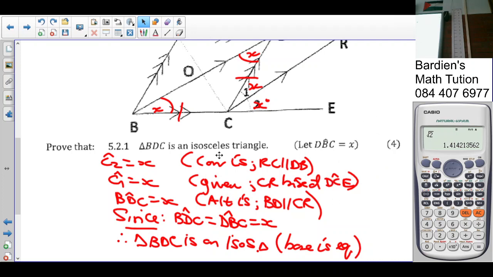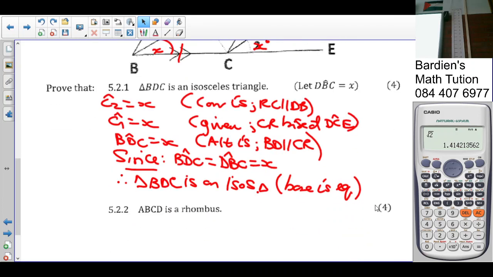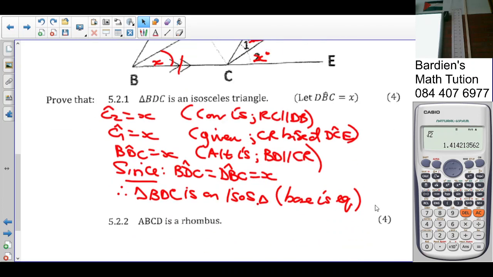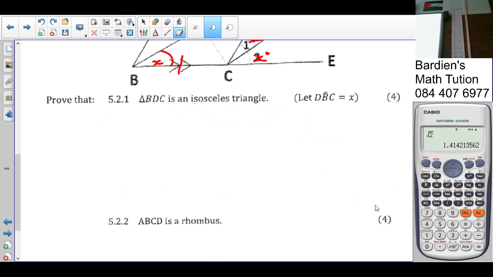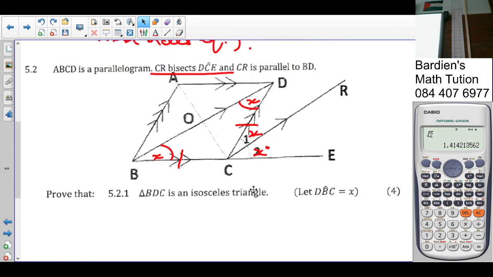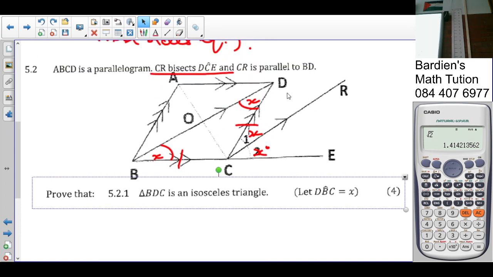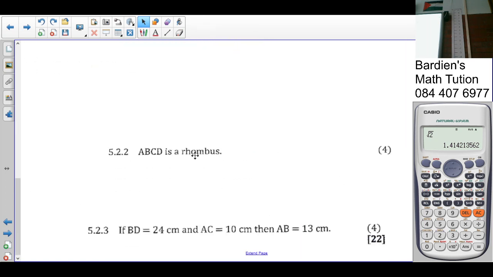So if you didn't prove in 5.2.1 that it is an isosceles triangle, you can use the fact that it is one in the next step. I'm going to take it off here so you have space to keep the diagram in focus. We filled in now the fact that it's an isosceles triangle. Let's delete that.